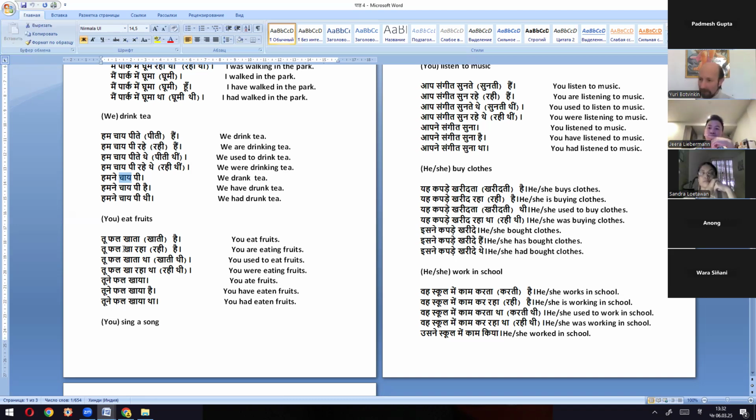Somebody today was giving the example of phal khana. Acha, Liya ji, aap bata rahi thi phal khana. You were saying मैं फल खाती हूँ in the beginning of the lesson, right? You were giving this example. So here there is one example with this verb फल खाना, but I took the pronoun tu.